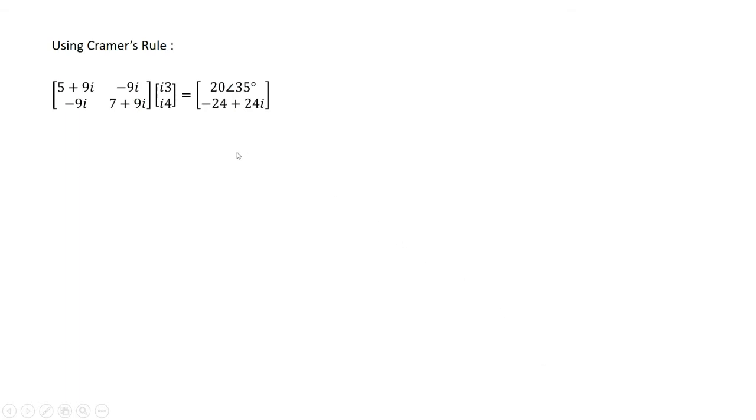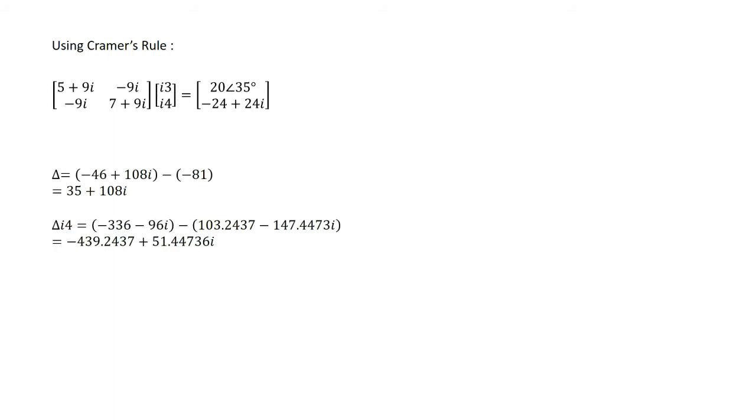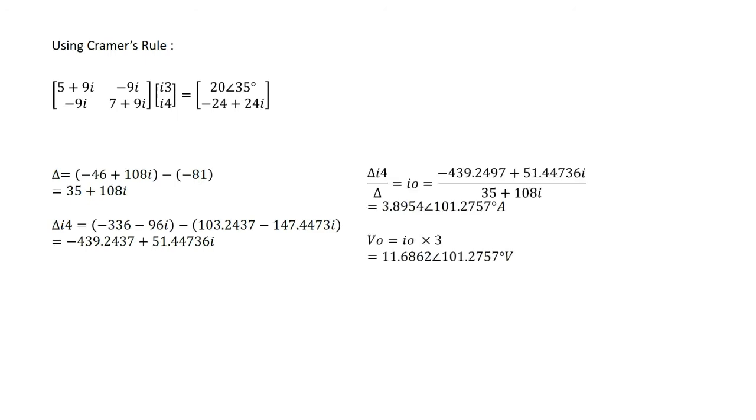For the final answer, we convert it into matrix form by applying Cramer's rule. Find the determinant from the original matrix and the determinant for I4. To find I0, which is equal to determinant I4 over the determinant, we get the value for current I0.